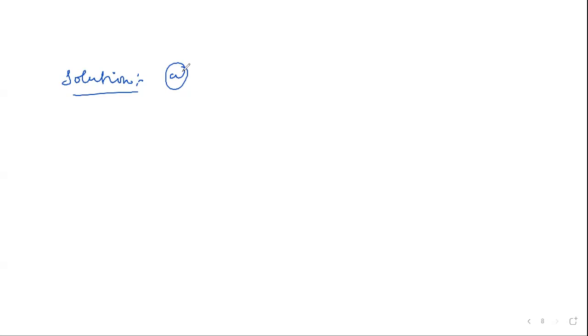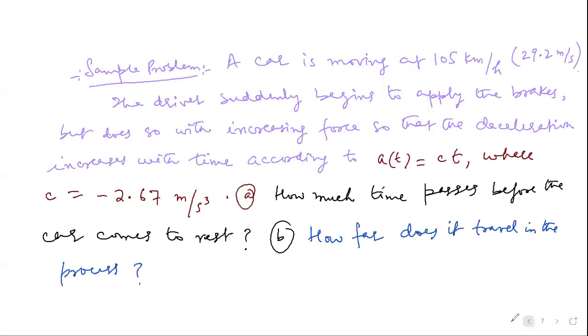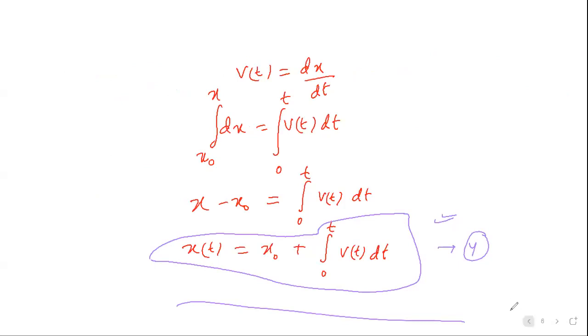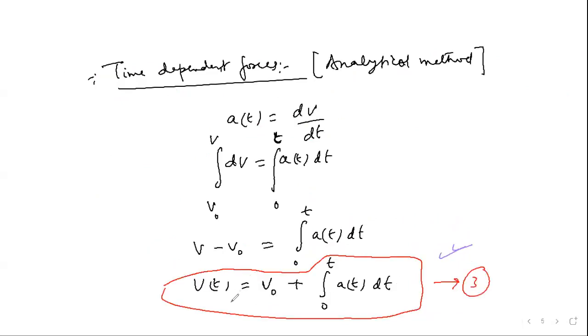So we use the equation which we have derived, v of t is equal to v naught plus integral 0 to t a of t dt. Because this is the case of time dependent force, we can use this equation. V of t is v naught plus integral 0 to t a of t dt, right?